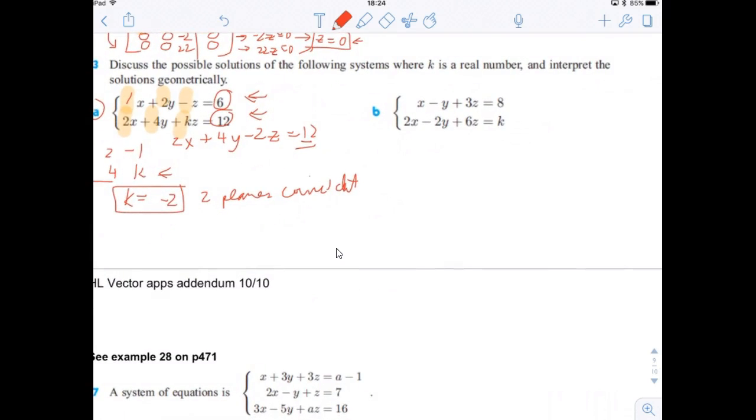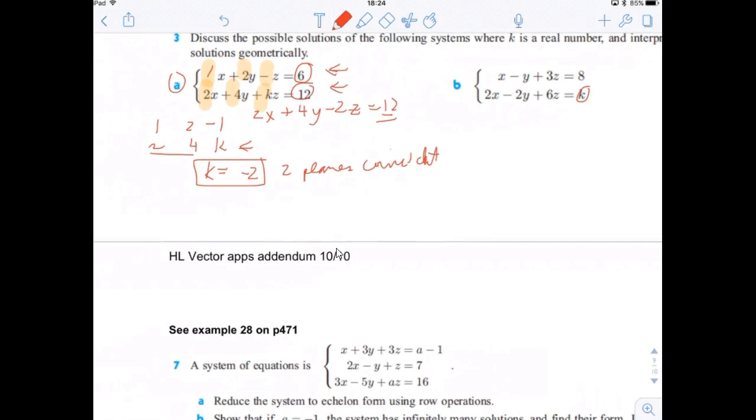Okay. Let's look at the second system. In the second system, we can vary the k value here. Now, is the left side proportional? Oh, one more thing. Let's go back to A again. What if k is not equal to negative 2? If k is not equal to negative 2 for part A, we would end up with two planes that are not parallel, because if k was not negative 2, then the coefficients 1, 2, negative 1 would not be proportional to 2, 4, k.